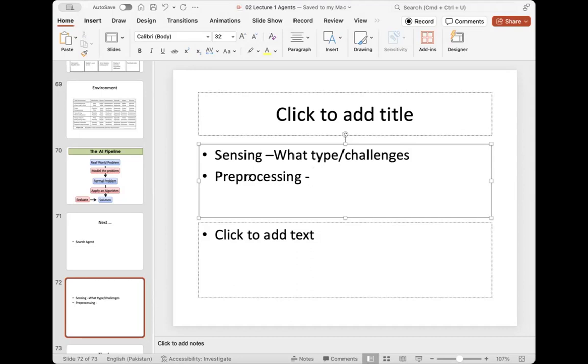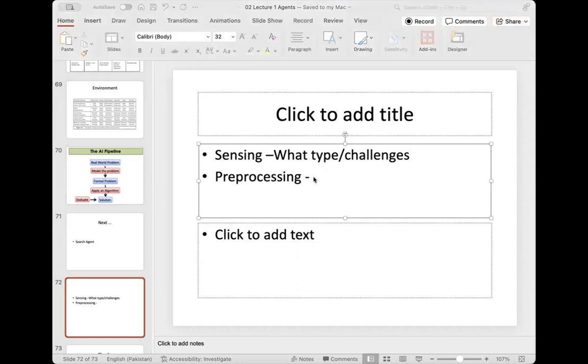For example, if you are getting camera feed, pictures, and the resolution of those pictures is low, or if you are getting a video and there is a break in the video, so you are not getting continuous video, then you will require some pre-processing of that information.